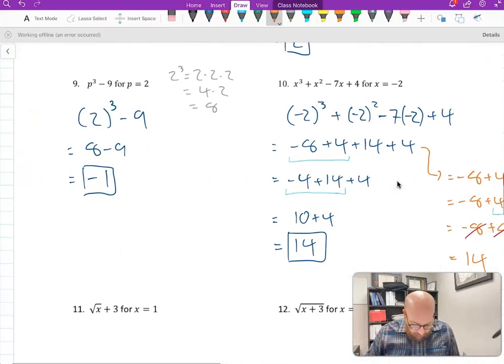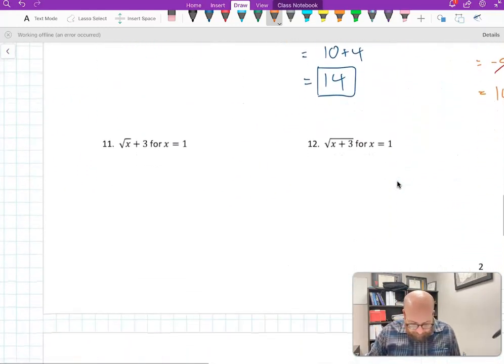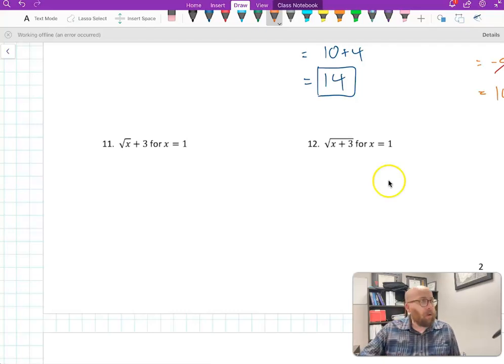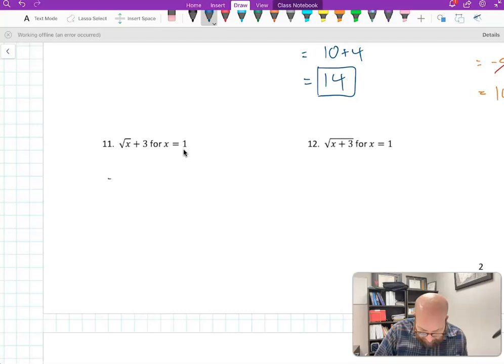Okay, problem number 11. We have the square root of x plus 3, and we want to evaluate for x equal to 1. So I have the square root, open a set of parentheses.